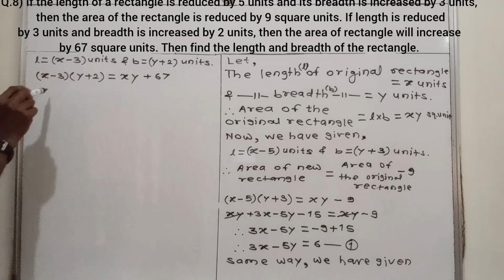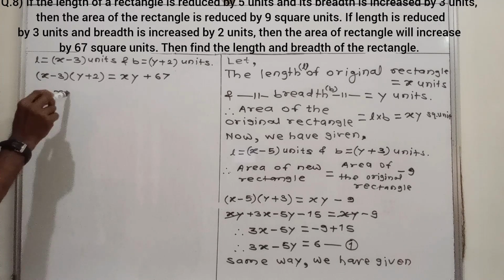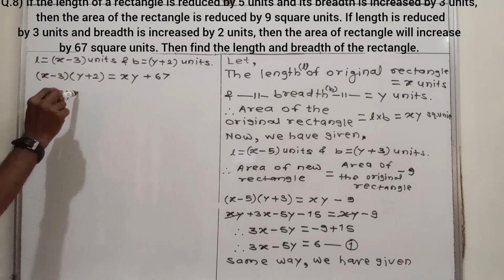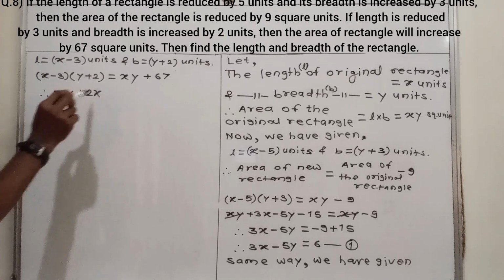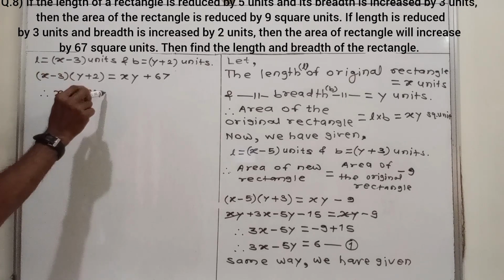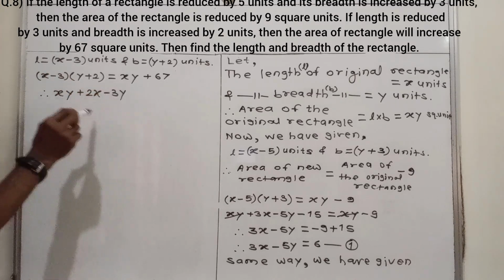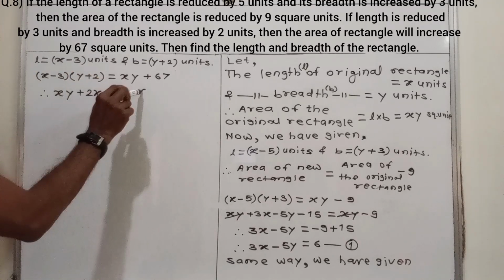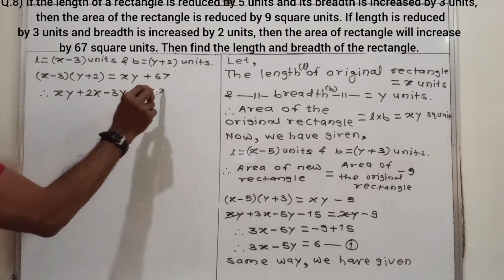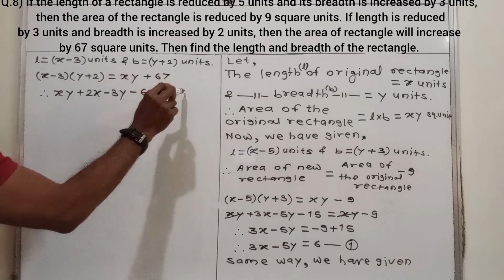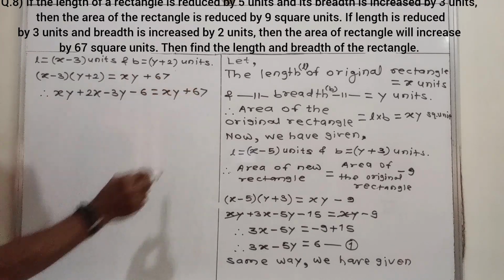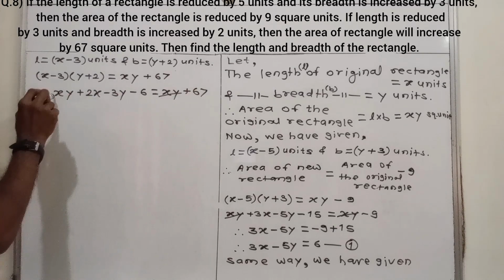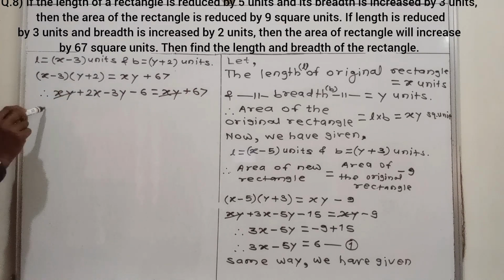Okay, x into y, x into 2, 2x, minus 3 into y, minus 3y, minus into plus, minus 3 into 2, 6, is equal to xy plus 67. xy cancelled, same na.